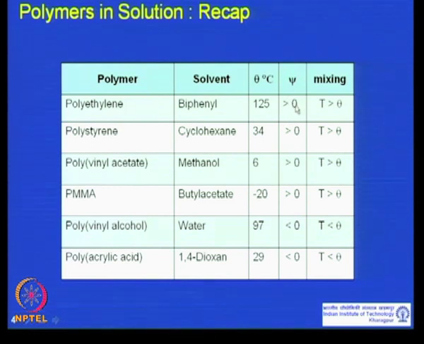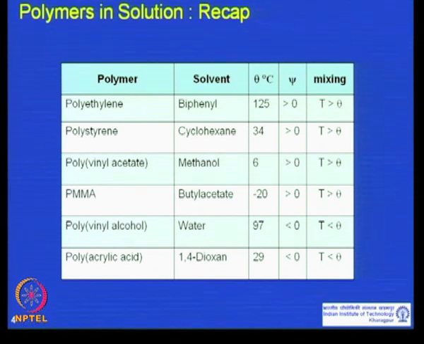As I mentioned, if psi is positive, then for mixing to happen the temperature has to be higher than theta. In examples where there is strong interaction between the solvent and the polymer, the entropy factor becomes negative. In that case, the temperature has to be lower than the theta temperature to have mixing possible, and these are the two examples where the psi factor is negative and T has to be lower than theta.